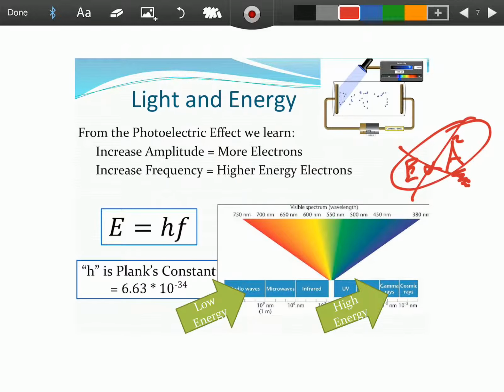With light, that's not the case. With light, increased amplitude, meaning that the light is bright, all that means is that there are more photons, okay? The more electrons thing comes from the photoelectric effect, but we're not going to dig that deep into what the photoelectric effect is.